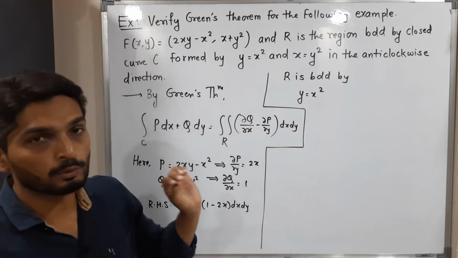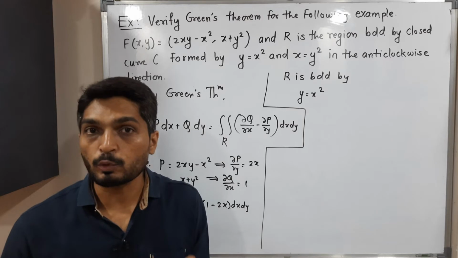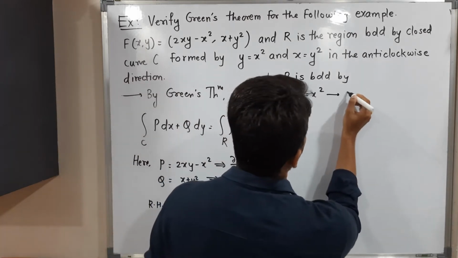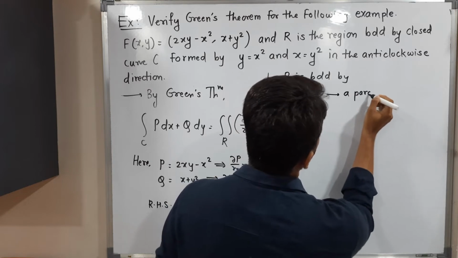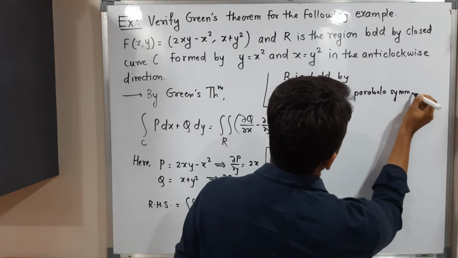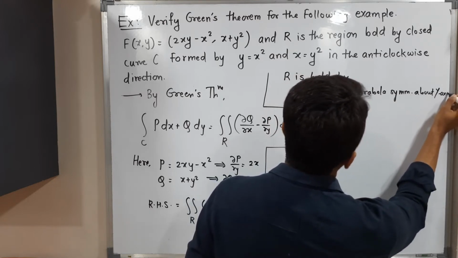Power of y is 1, so this parabola is symmetric about the y-axis. Let me write, a parabola symmetric about the y-axis.